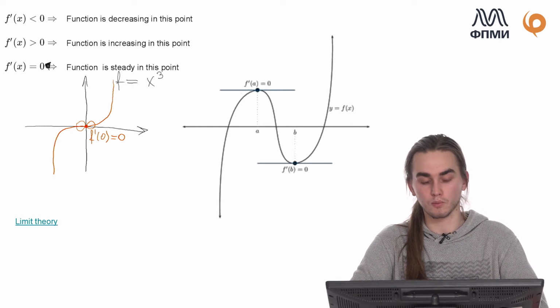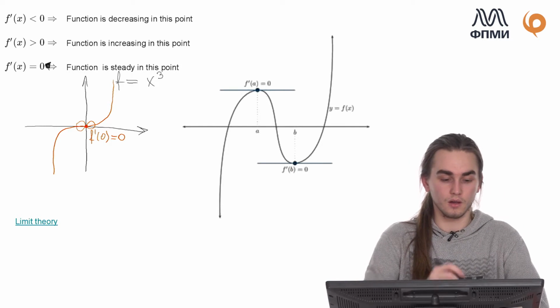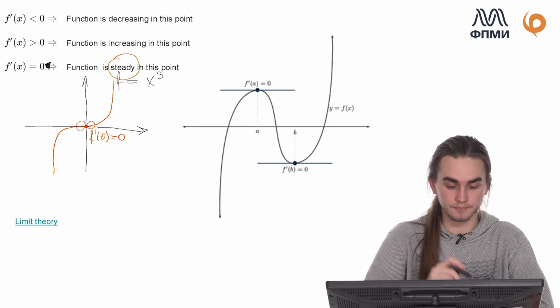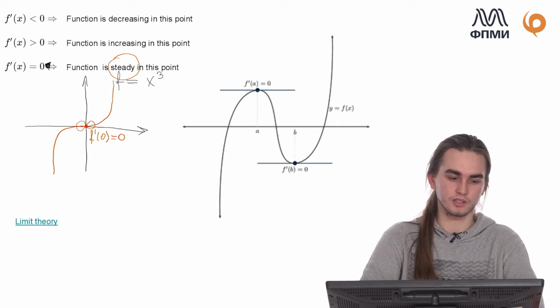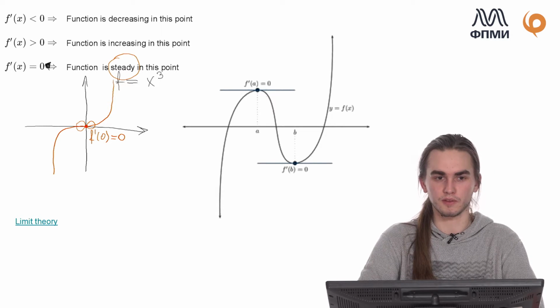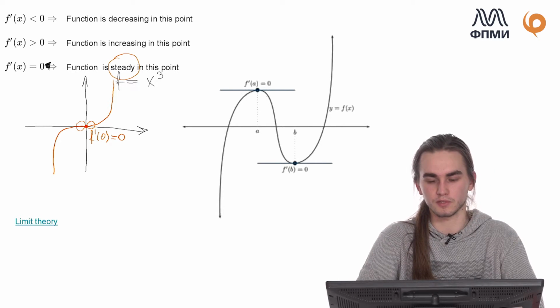So it's not a minimum or maximum. But what is it? The answer is a steady point. It's basically nothing. It's like a trick that math or the plot plays on you.